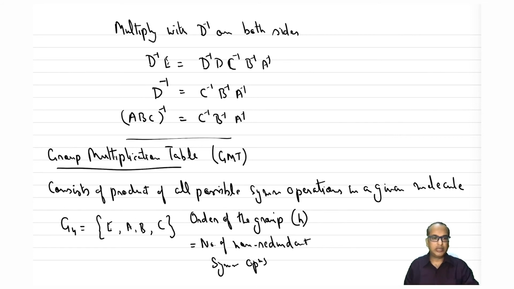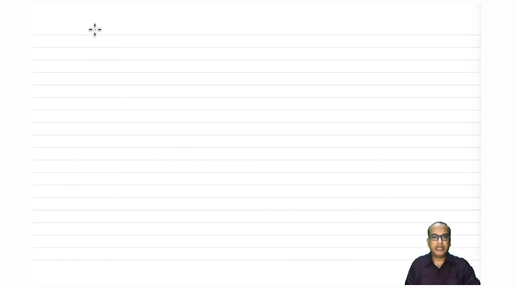So now let's see what a group multiplication table for G4 is. When I say group multiplication table, I draw it as a table.